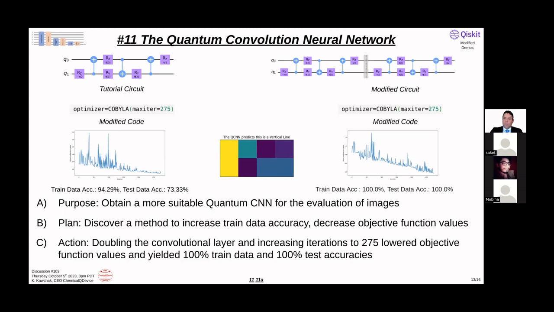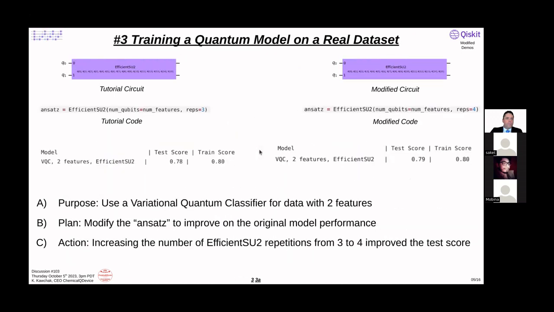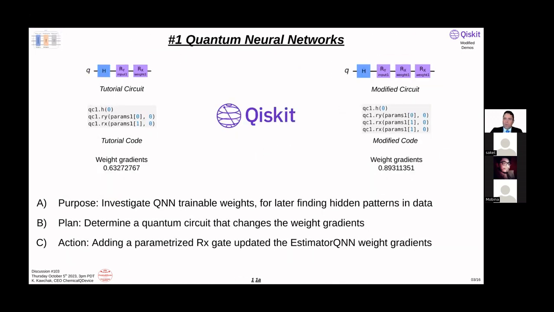I will go with the first question that I had: RX and then RX again, the 2 weights. Can you explain it? My understanding is that if we apply 2 RX gates and train both parameters, it does not make sense to train 2 parameters when you can have just 1 RX and add weight 1 and weight 2.